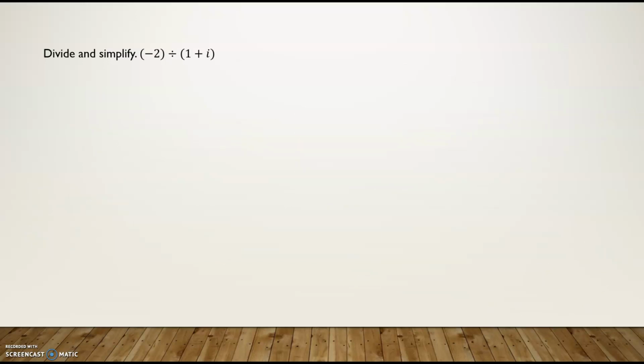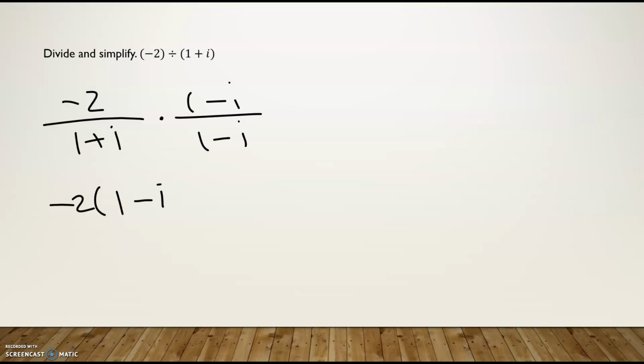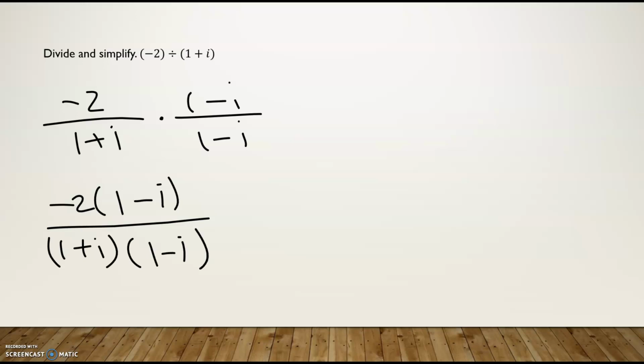Okay, now let's look at negative 2 divided by 1 plus i. So same thing, multiply the top and bottom by the conjugate of the bottom. So that will be basically negative 2 times this right here. And we have 1 plus i times 1 minus i.